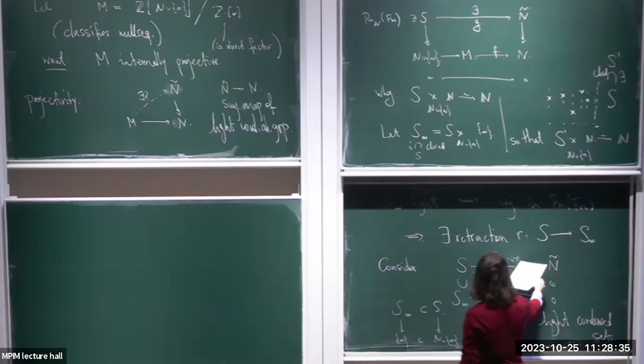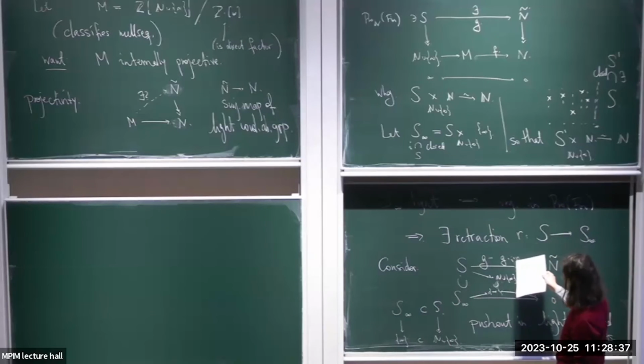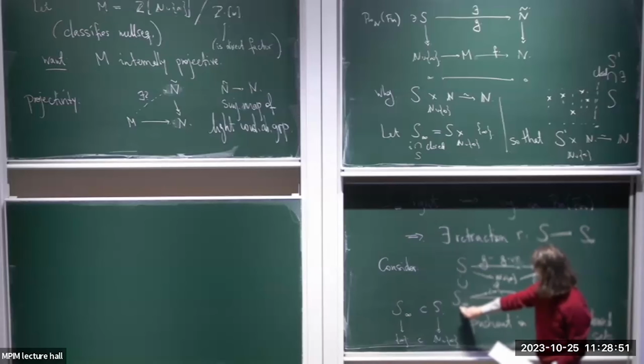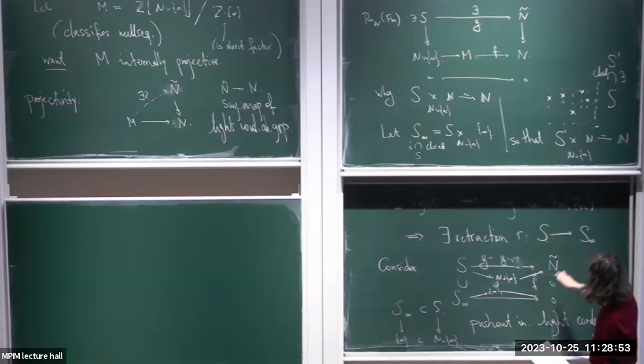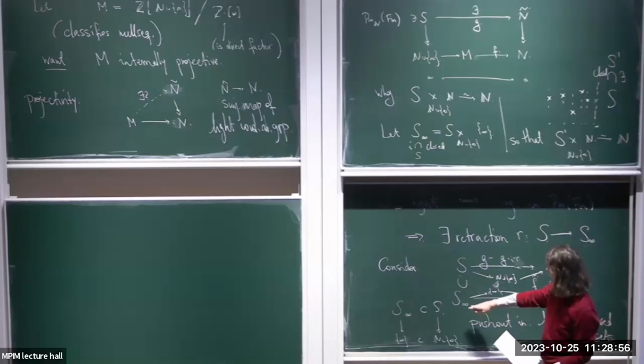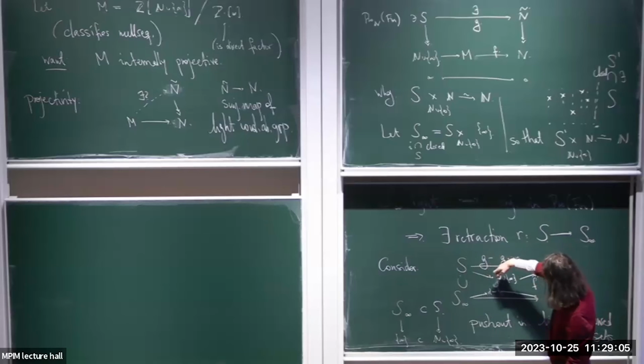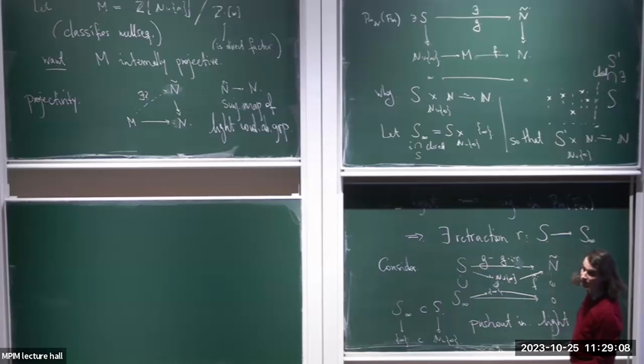Right. First, I have the map G. And the other thing I take is I first do the retraction and then apply G, or, well, I go back and then apply G. That's what this map here is. And then I take the difference. And the difference is just 0 on the closed subspace S infinity, because this was a retraction. And so this means that because of this push-out property, you really get a null sequence.